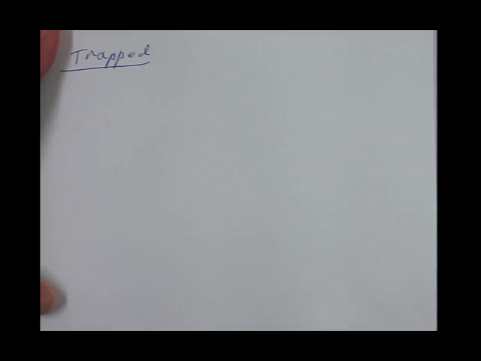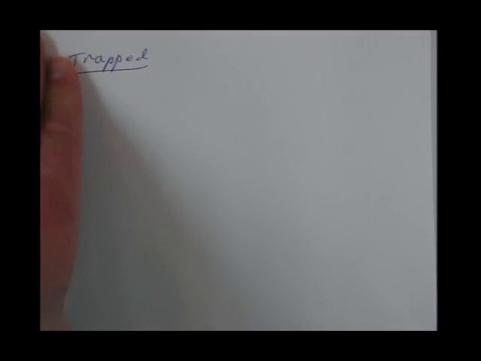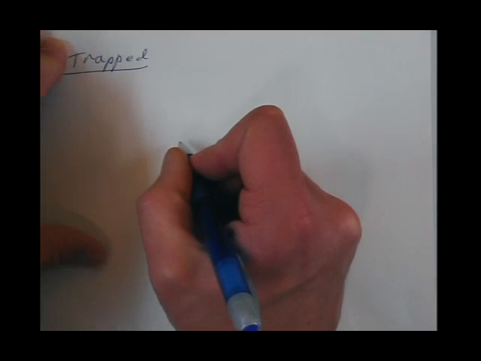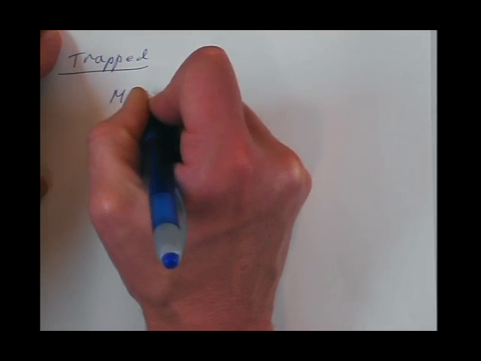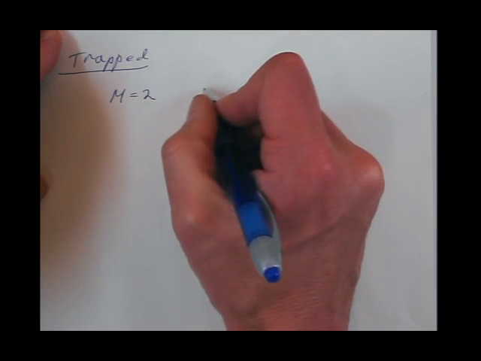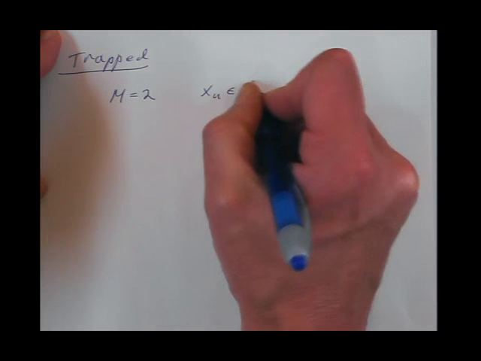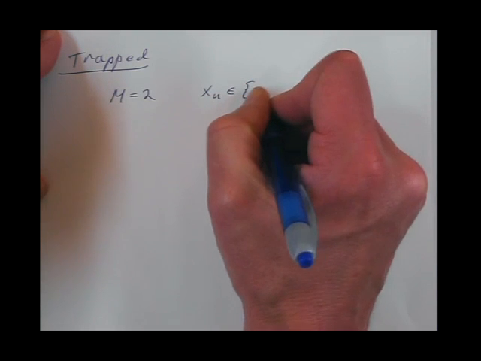So for instance, let's say you have, yeah, this is an easy one. Let's say you have two states. So n here is equal to 2. So x_n has to be equal to entry 0 or 1.